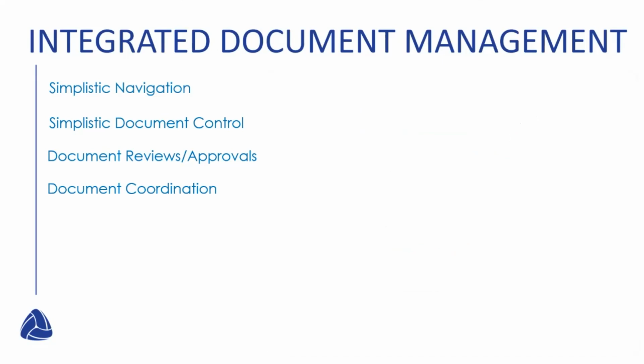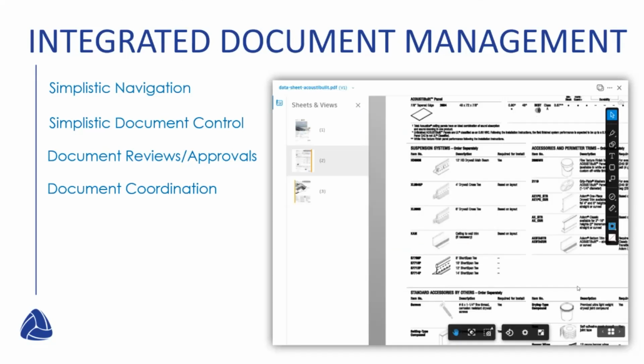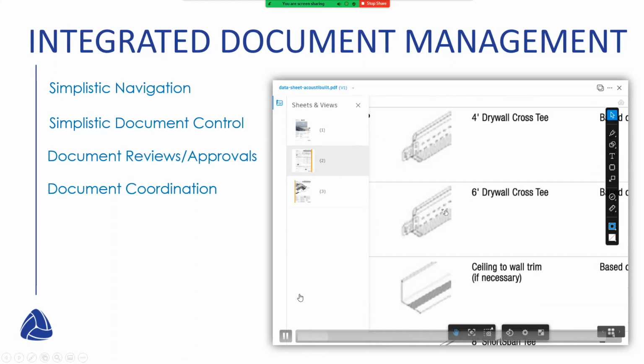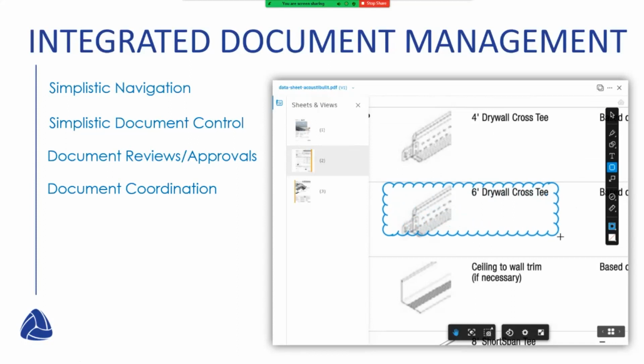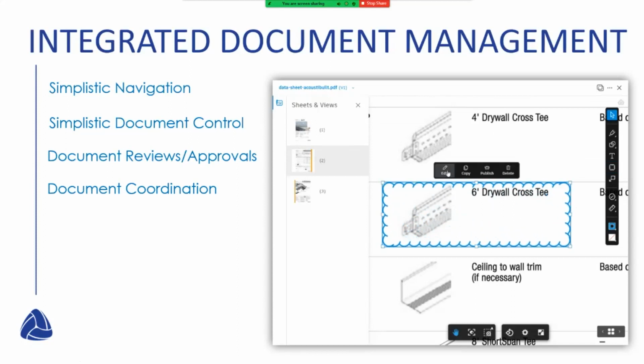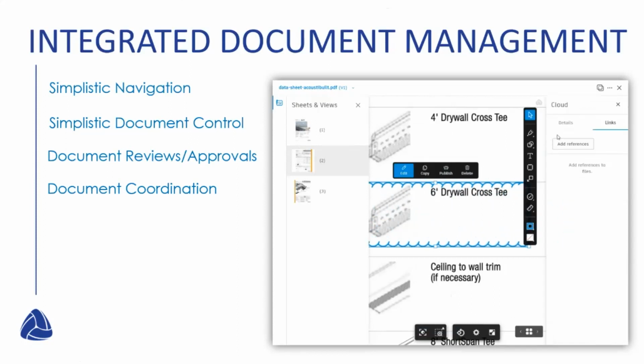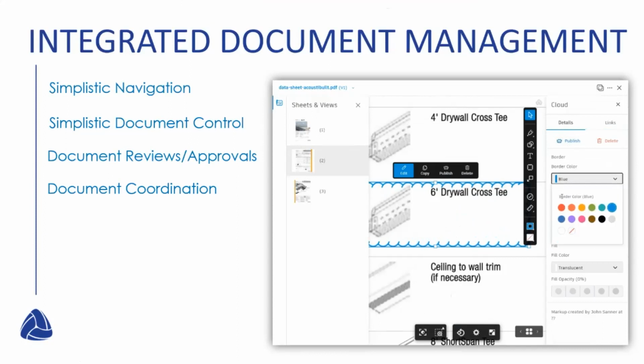The fourth major item that is a part of the Autodesk Docs system is, of course, document coordination. The idea here is whatever I upload, I can coordinate from. I can write markups, I can generate issue tags, and then assign those tags to individuals who are responsible. Let's take this from a QA/QC perspective.